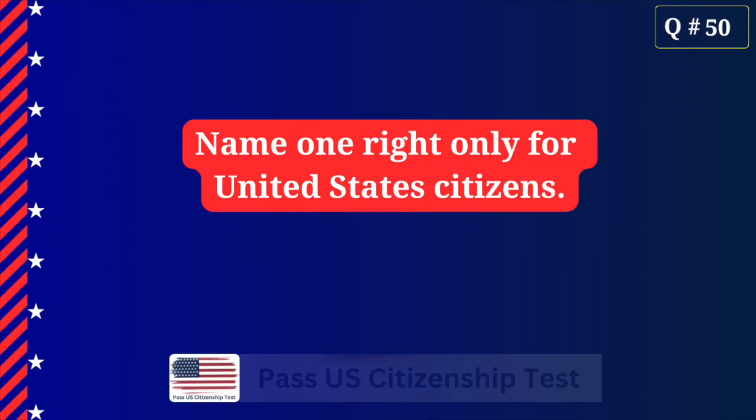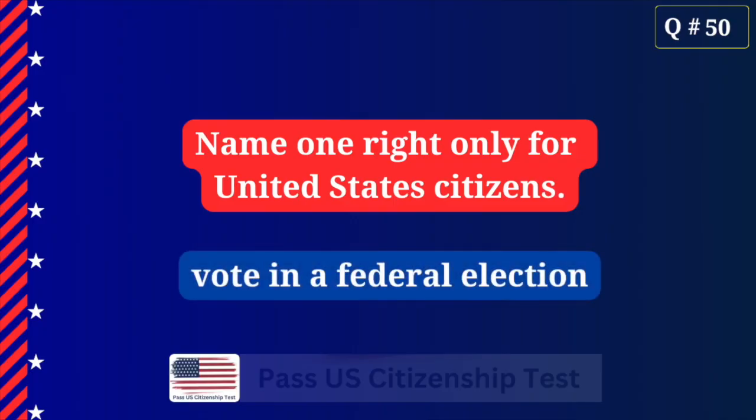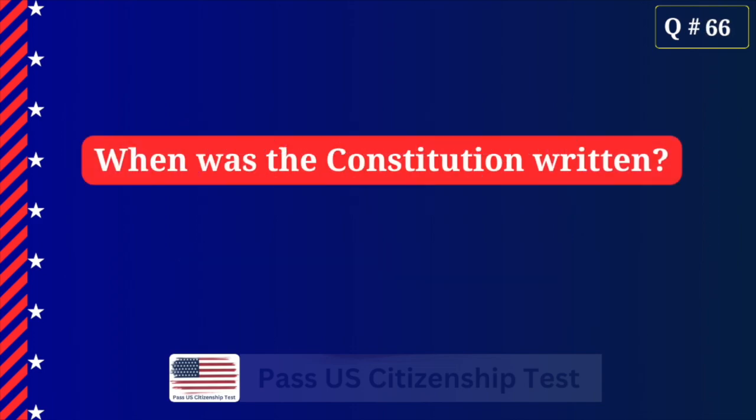Name one right only for United States citizens. Vote in a federal election. When was the Constitution written? 1787.